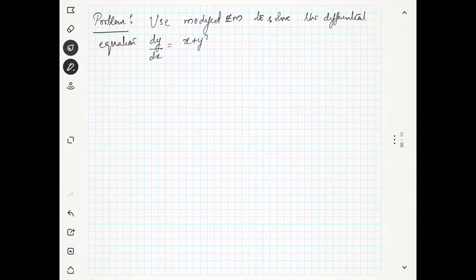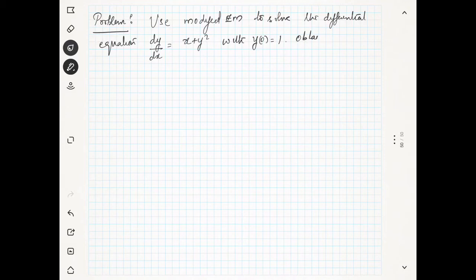Use modified Euler's method to solve the differential equation dy by dx is equal to x plus y square, with y0 equal to 1.